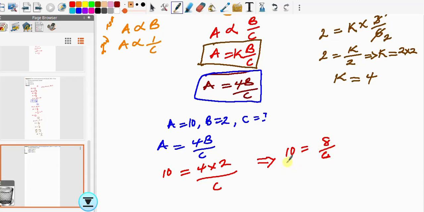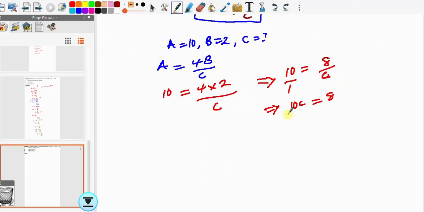Right? When we cross multiply, 10C will equal to 8. Divide both sides by 10. Right? 10 will cancel this 10.